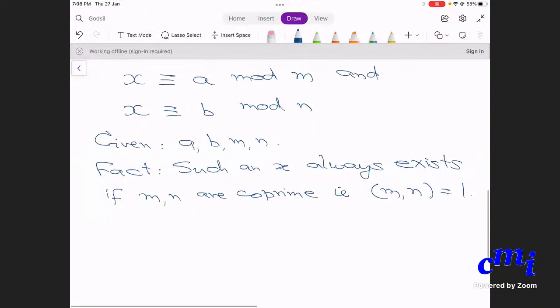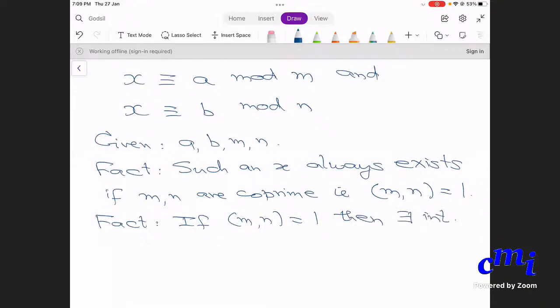So, fact: if m and n are co-prime, if the GCD of m and n is 1, then there exist integers p and q such that pm plus qn is 1.